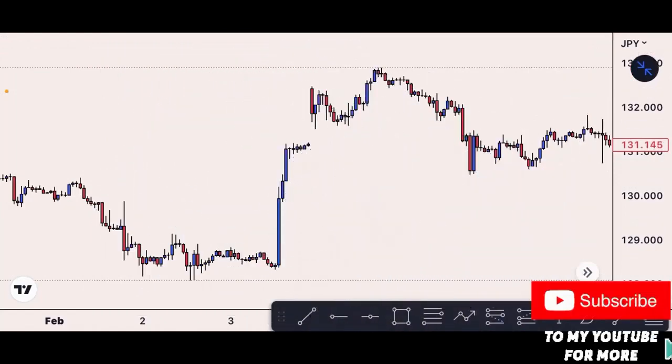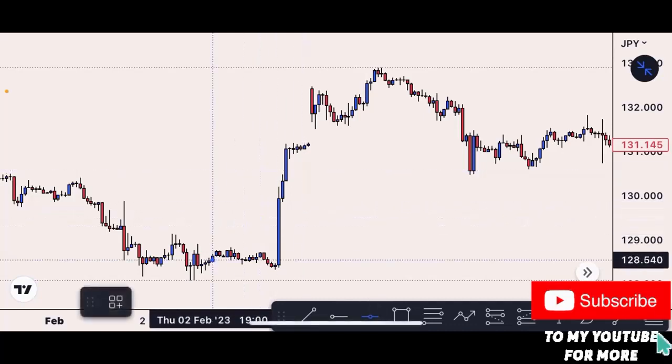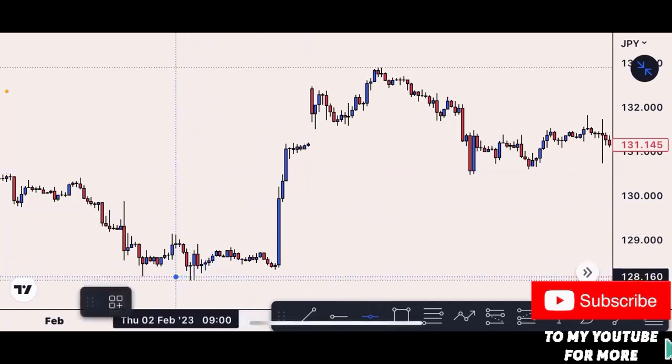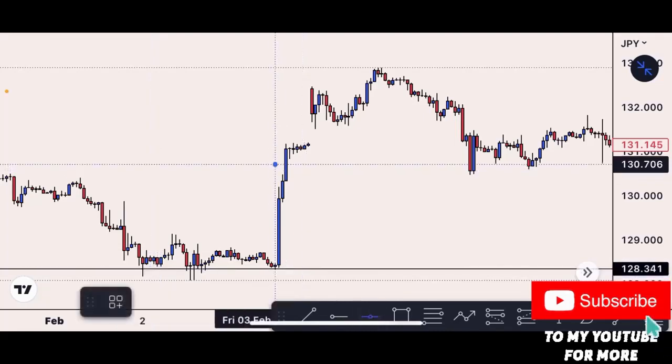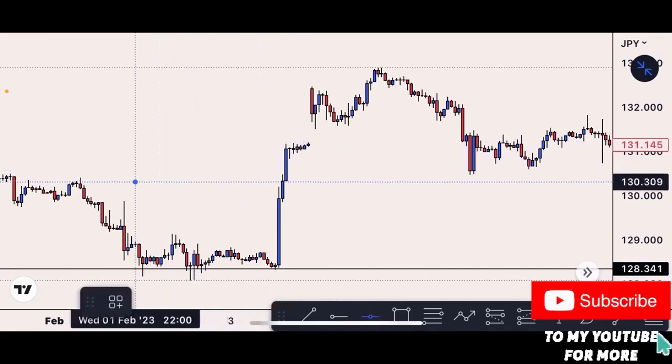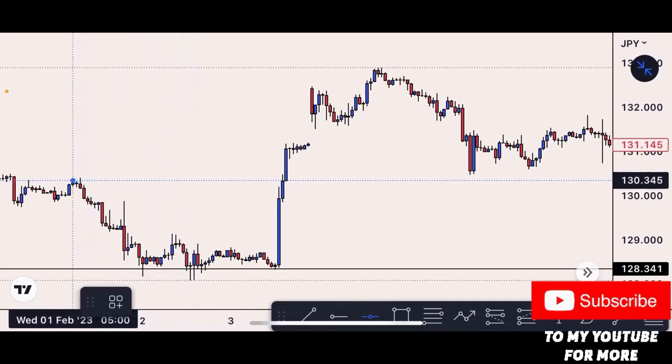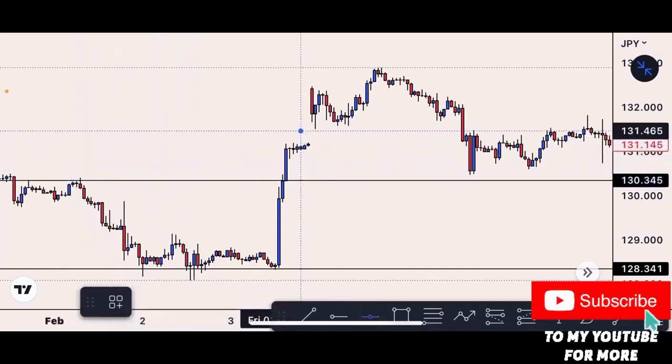So let us identify major supports and major resistance. I would draw out one support here. I would draw out another resistance here. I would bring out another here.